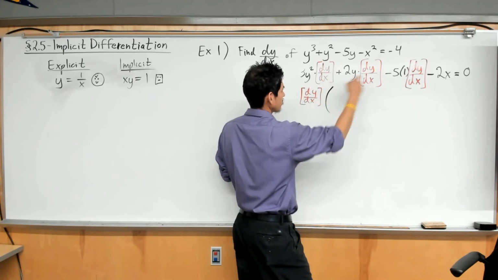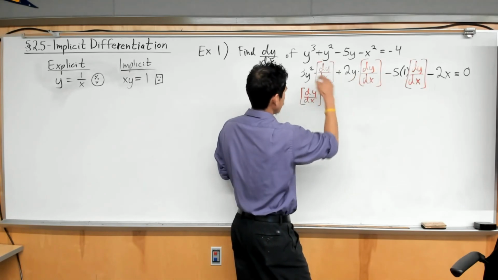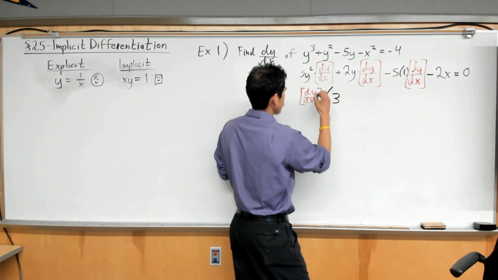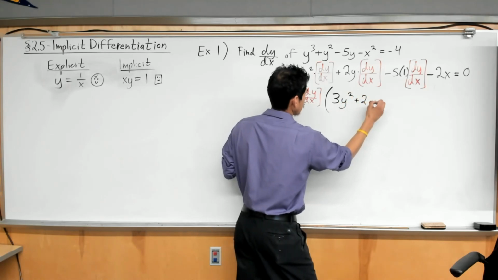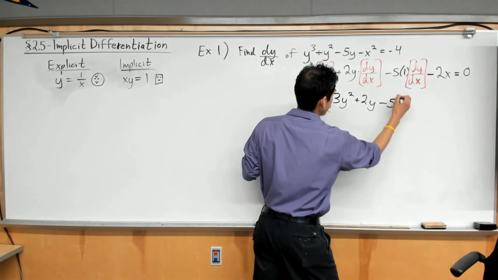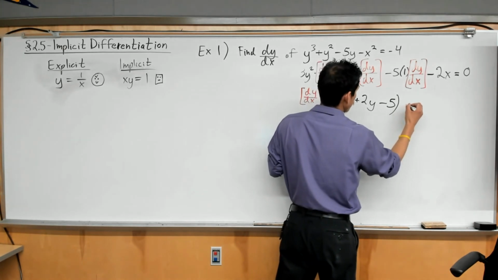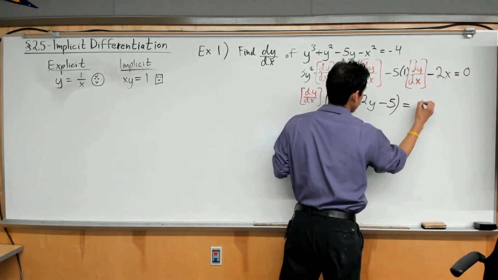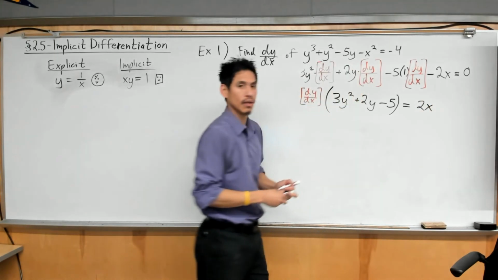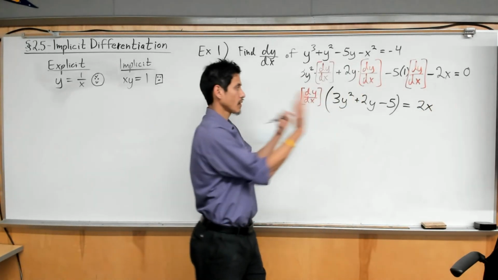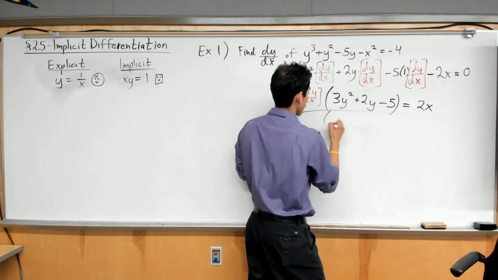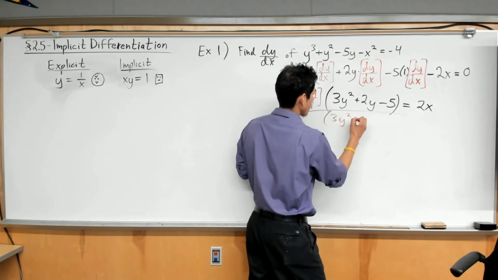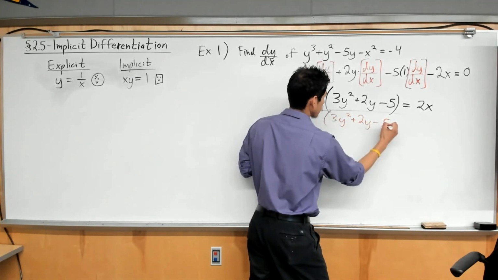Just think of it as factoring dy dx out of this group. So we would have dy dx times 3y squared plus 2y minus 5. And let's add 2x to the right side, equals 2x. And then we just divide by this whole group.